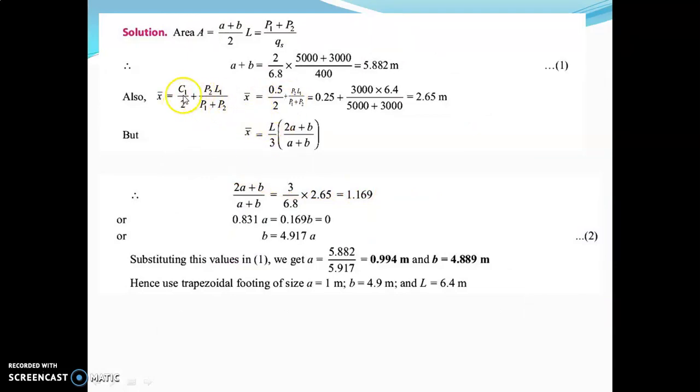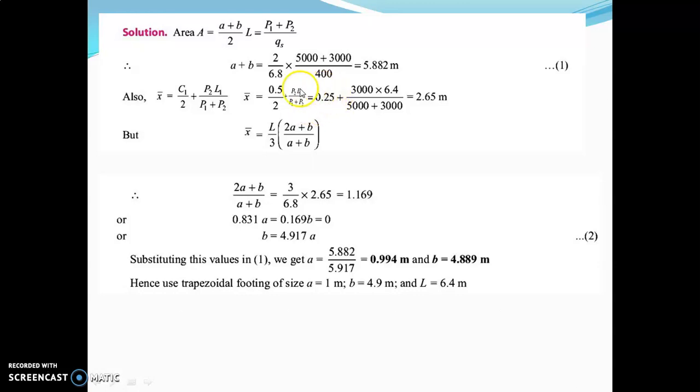So here, first consider the 50 centimeter column, that is half, 0.5 meter divided by 2, plus P2 into L1 divided by P1 plus P2.